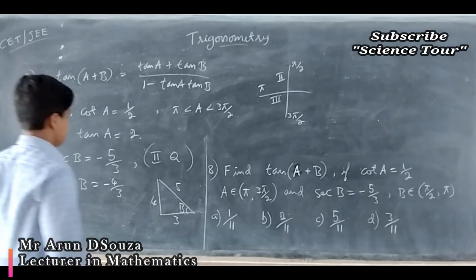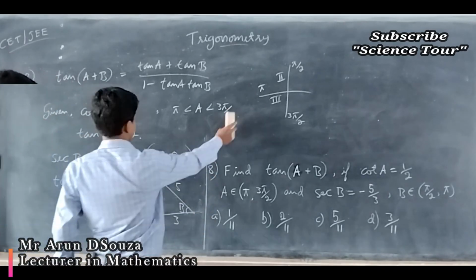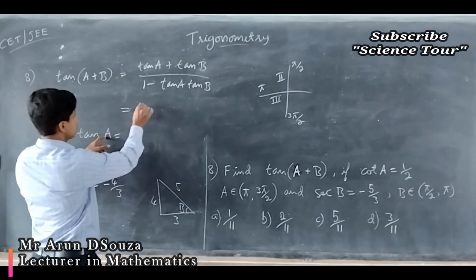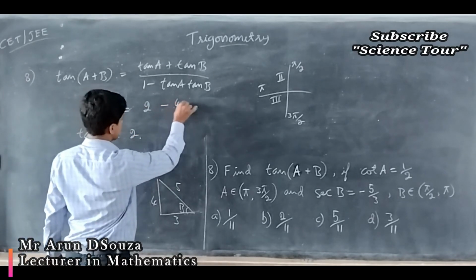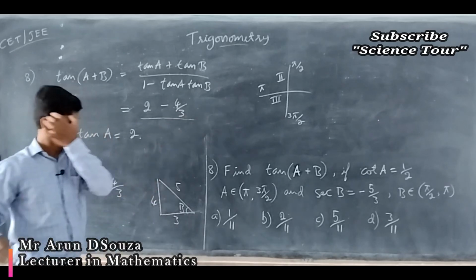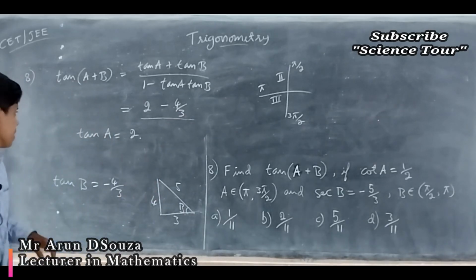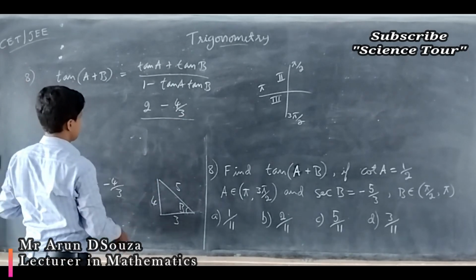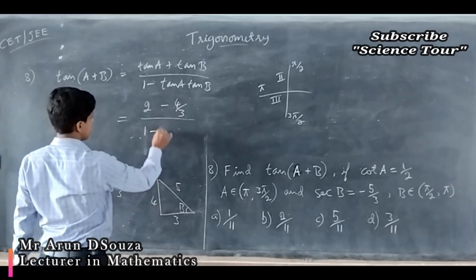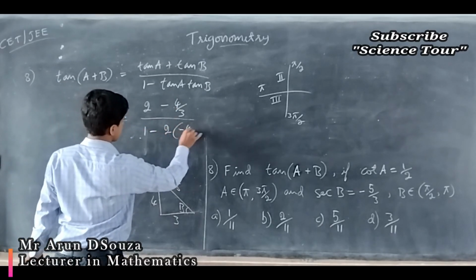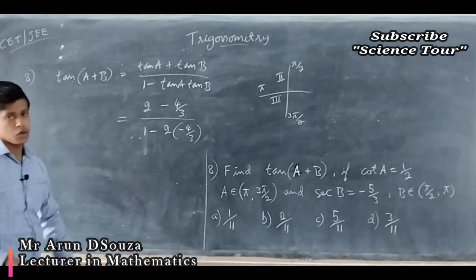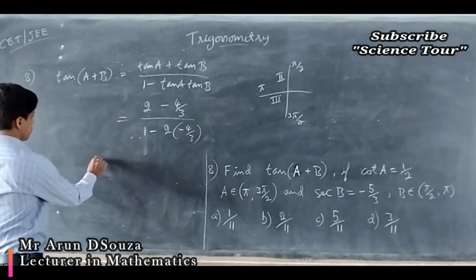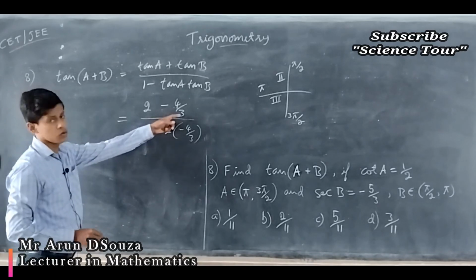So let's do that. Well, I'll just substitute here. Tan A is 2 and then tan B is minus 4 by 3. So here you have got 2 minus 4 by 3 divided by, once again, 1 minus tan A is 2 and here minus 4 by 3. So let's continue with this. You have got to take the LCM.